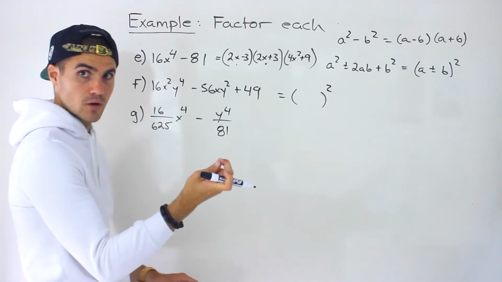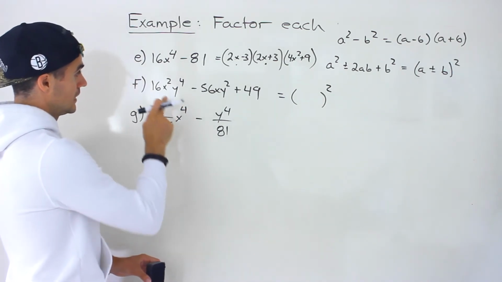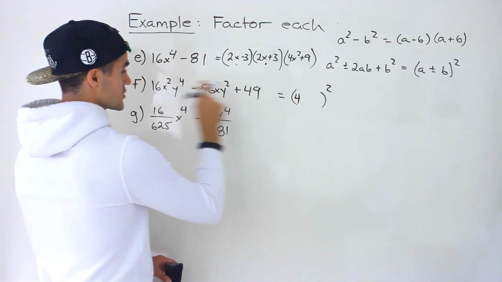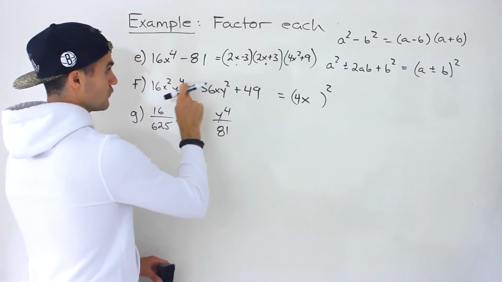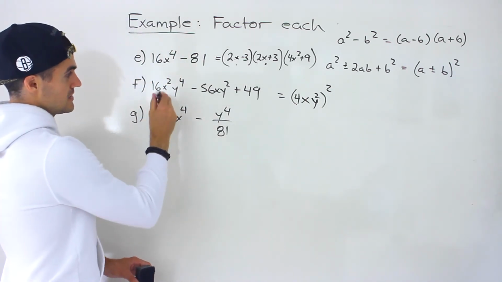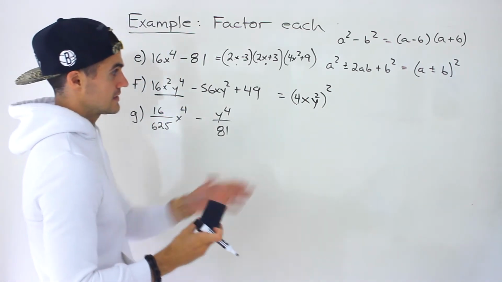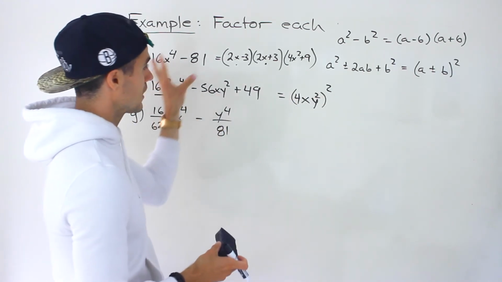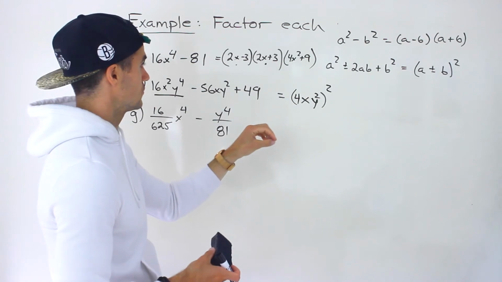Because we have that a squared at the beginning. What's the square root of 16? 4. What's the square root of x squared? It's just x. Square root of y to the 4, it's y squared. Like that. So this first term is the same as this entire expression, right here. It's like we just took out that exponent 2.